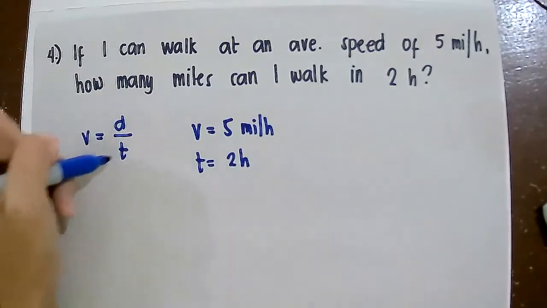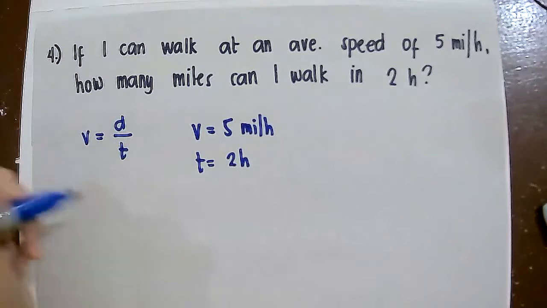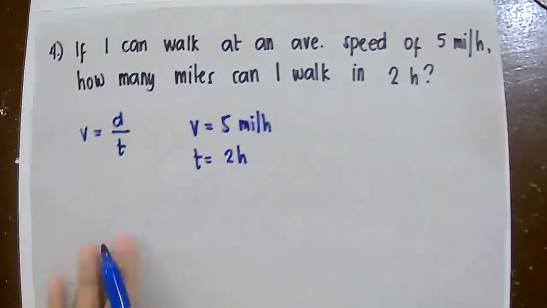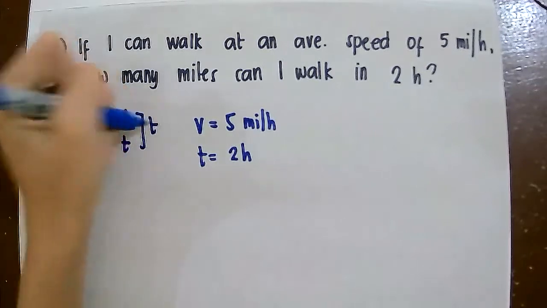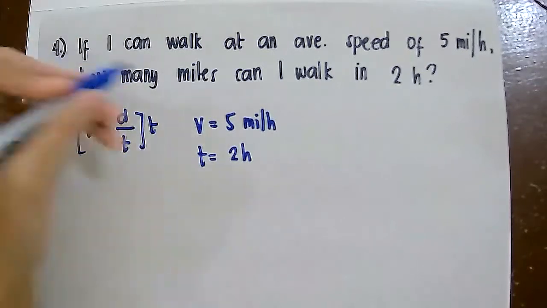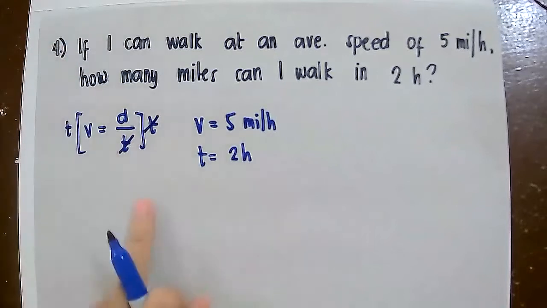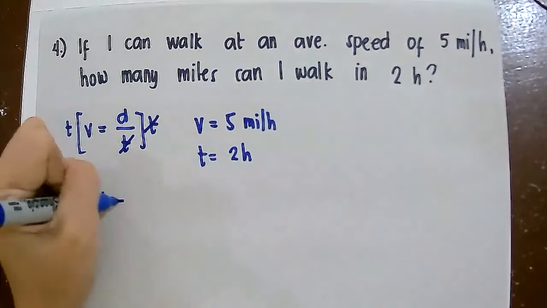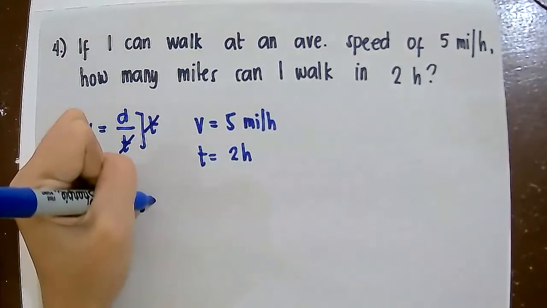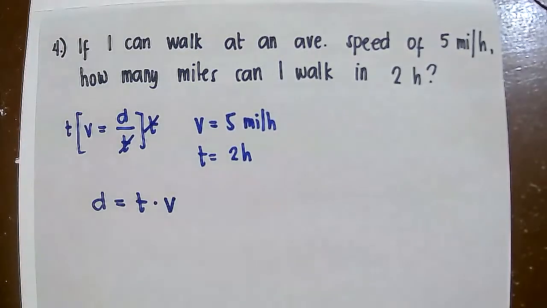So we are going to look for your distance. Now in this case, you transpose your formula. So paano siya i-transpose? You just multiply both sides by time. Okay? Para ma-cancel si time dito. And then you will be left with the distance. So distance is equivalent to your time times your velocity. Okay?